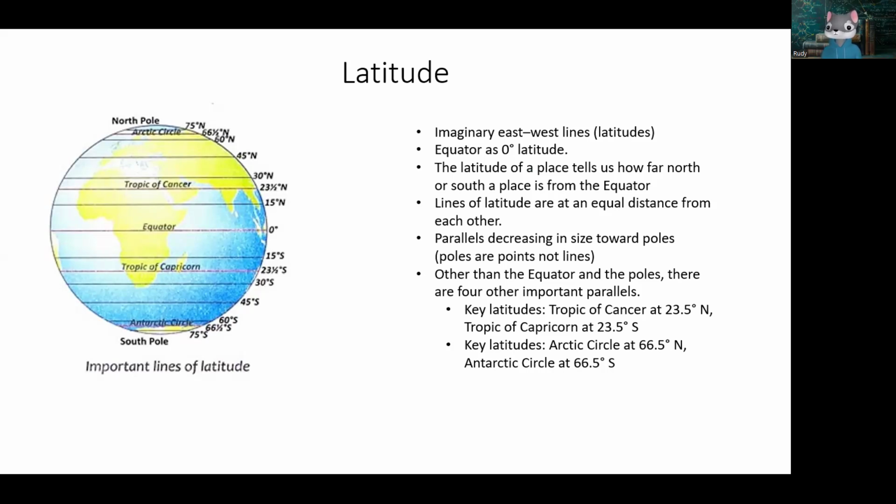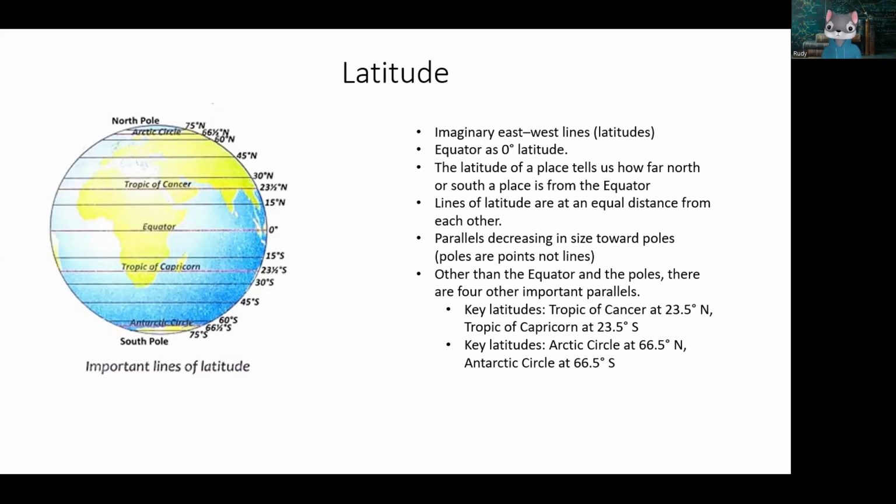The lines of latitude are at an equal distance from each other. All the latitude lines make circles, excluding the North Pole and South Pole, because they are points, not lines.